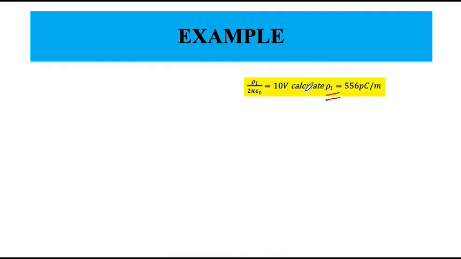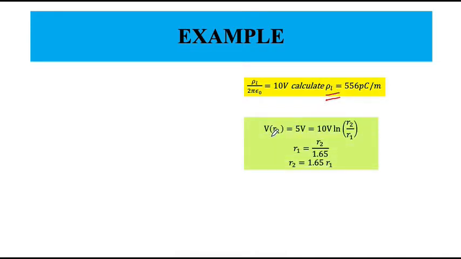Now let us say I want to find the radial distances which all correspond to the same voltage, with a potential of 5. So I want to find the constant potential contour which is 5 volts. My question is, what should be the ratio of R2 by R1 in order to obtain that 5 volts potential difference, which of course depends on which radial distance R2 I select as my reference of potential 0.